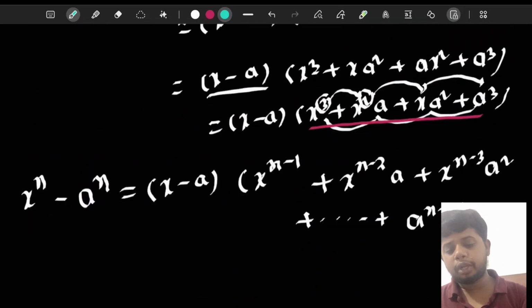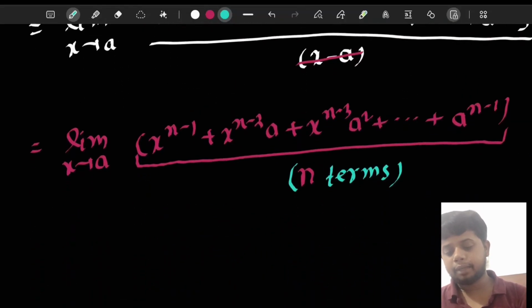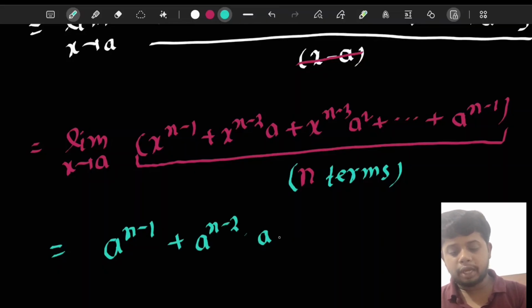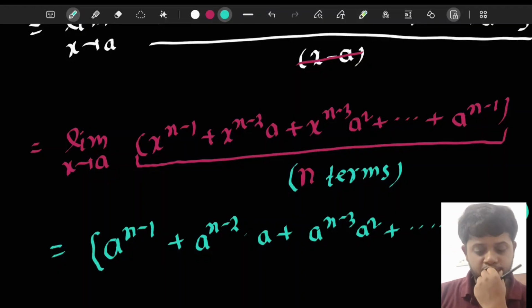Now when you put a here, what will happen? See, here will come a power n minus 1. Here will come a power n minus 2 into a. Here will come a power n minus 3 into a square plus dot dot. Here will come a power n minus 1. All the x will be replaced by a.